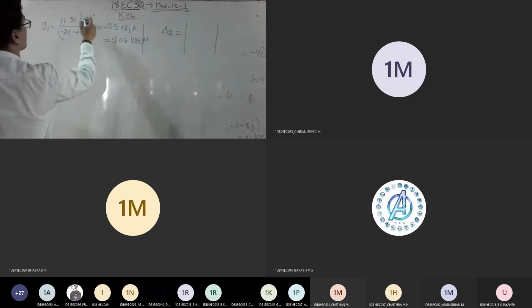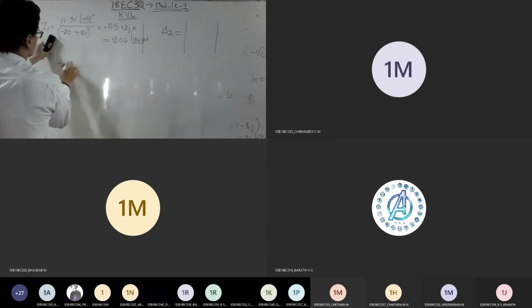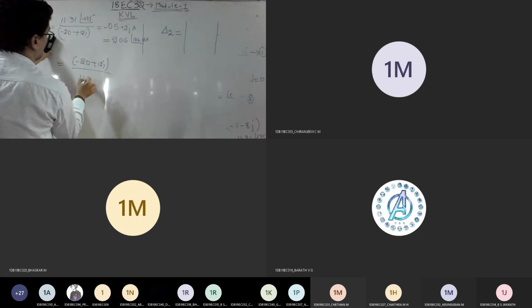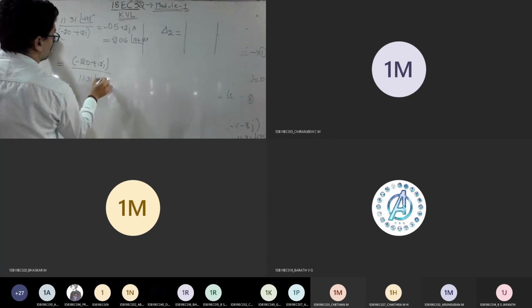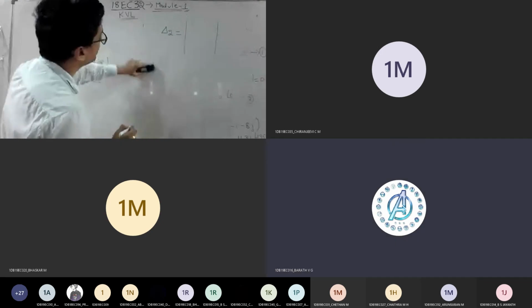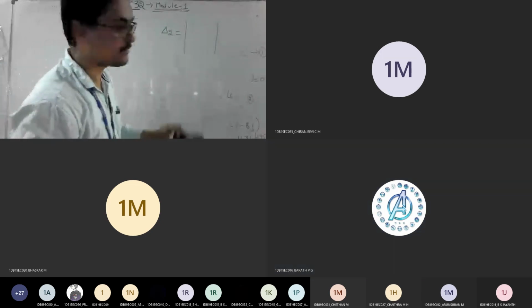This is wrong, we have to do reverse, no? So the formula is delta 1 divided by delta, this is delta 1 divided by 11.3 at an angle. Check out how much. Same answer only, sir. While writing, we made a mistake. Okay, fine, not a problem.